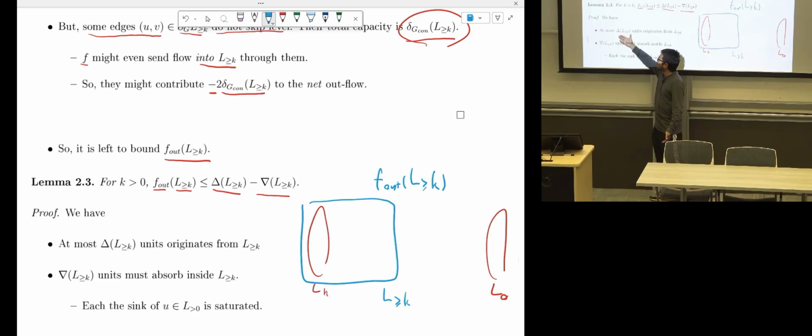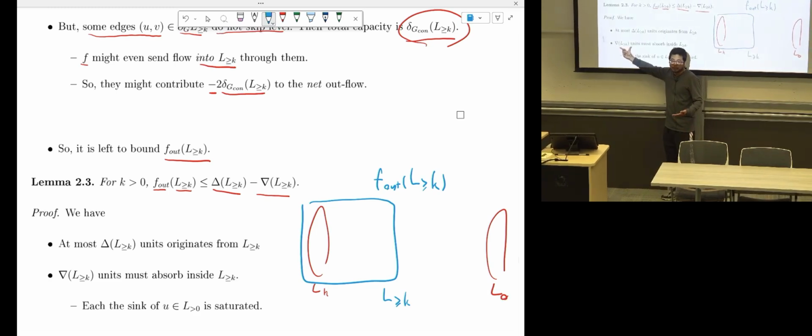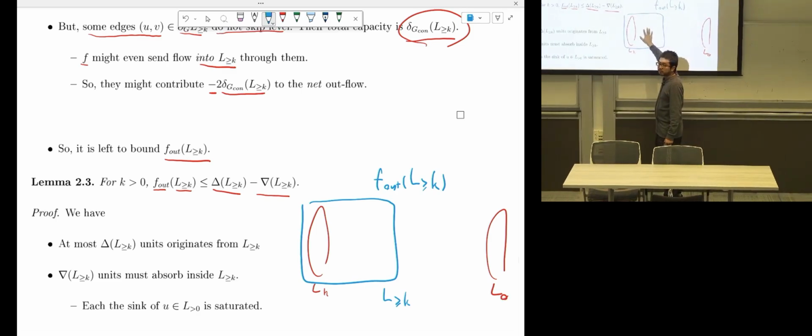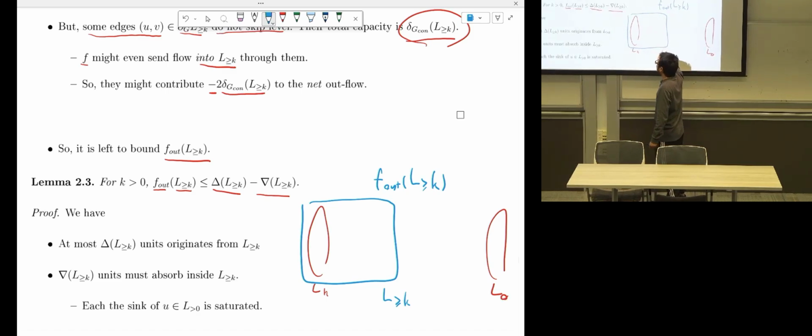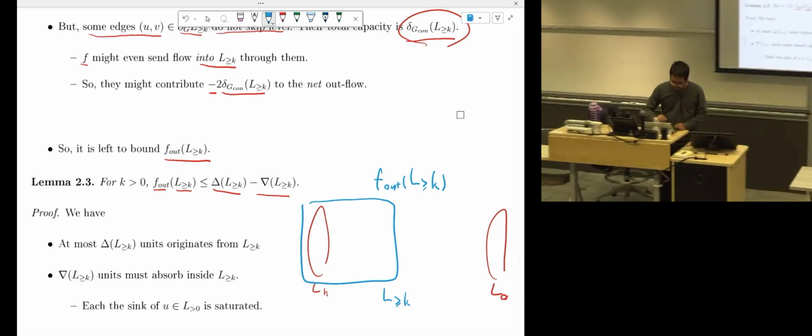But we know that out of this mass that originates inside, this many units must be absorbed inside the cut first. Why must this many units be absorbed inside?